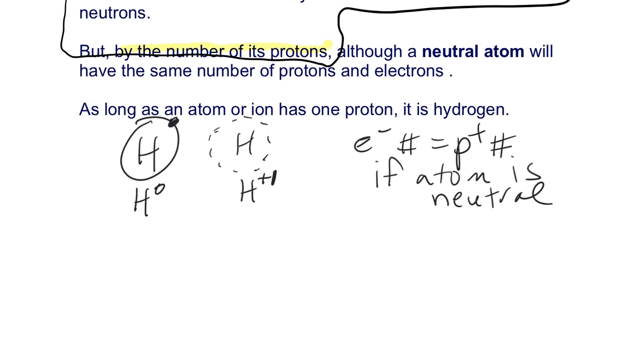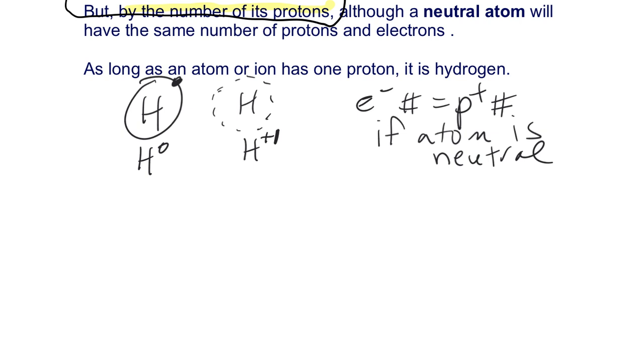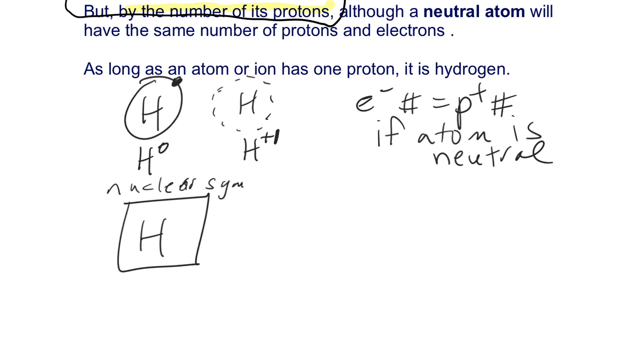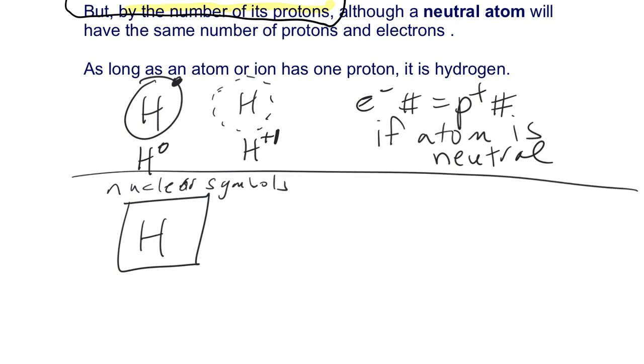Now, before we go on, I have to change something. Okay, these are called nuclear symbols. Nuclear symbols. This is where we just talk about the protons and neutrons in the nucleus. We don't talk about the electrons.